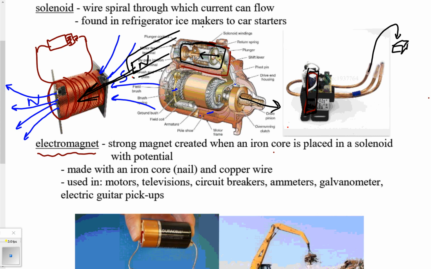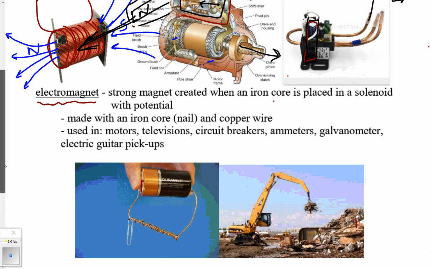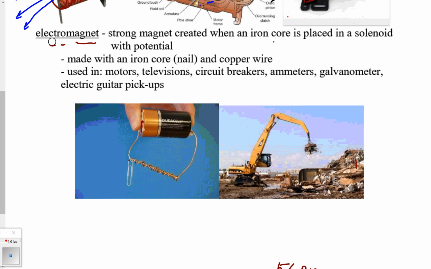So anyway, now let's talk about what an electromagnet is. When everybody thinks of an electromagnet, or at least when I do, I think about this picture. I remember as a kid getting some wire and wrapping it around a nail, and what you'll notice is the nail becomes magnetized.